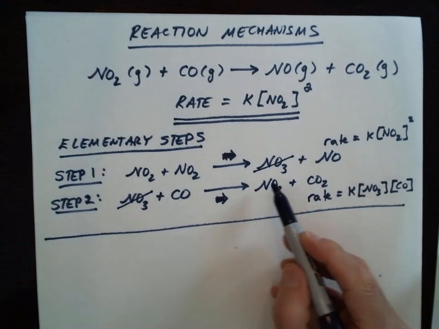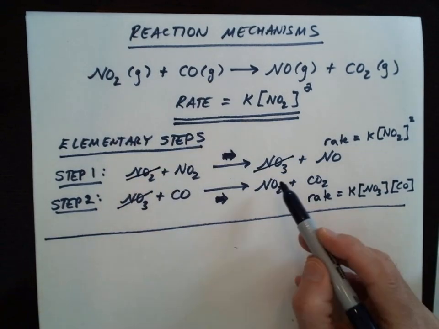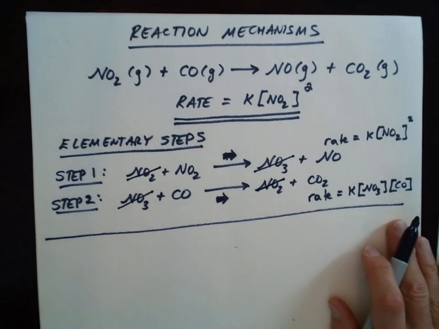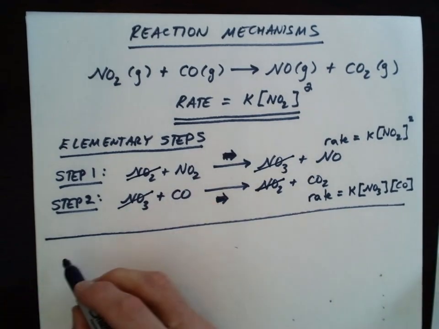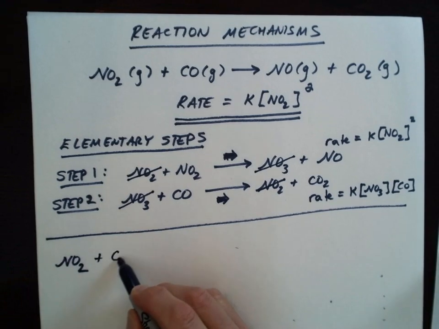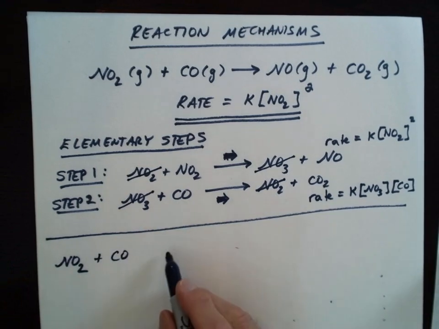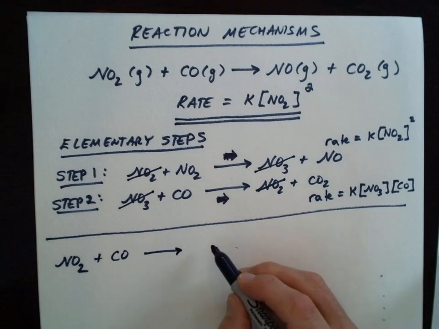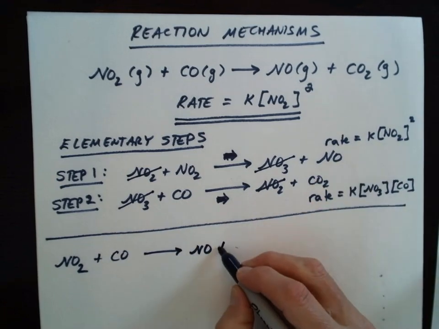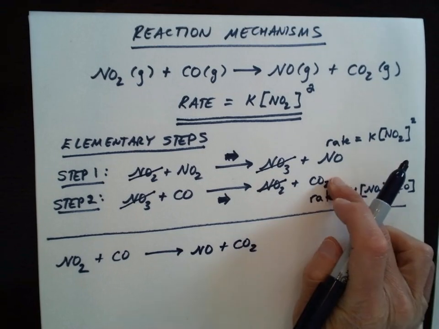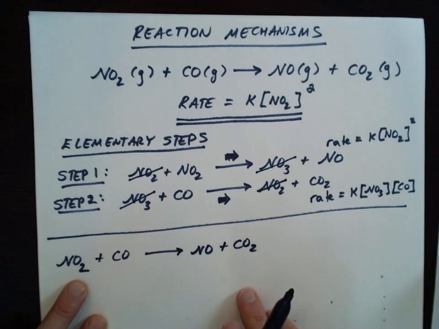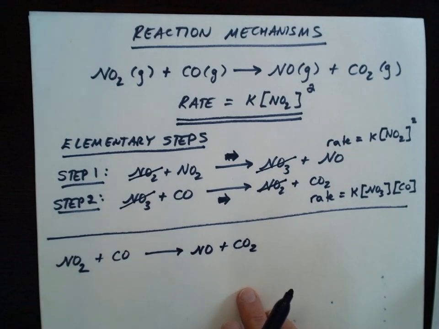And I can do that again here with NO2. There's an NO2 here and an NO2 here. What I'm left with is an NO2 on the reactant side plus a carbon monoxide on the reactant side going to a nitrogen monoxide on the product side and a carbon dioxide on the product side, which you will note is the overall reaction. We've got to be able to do that.